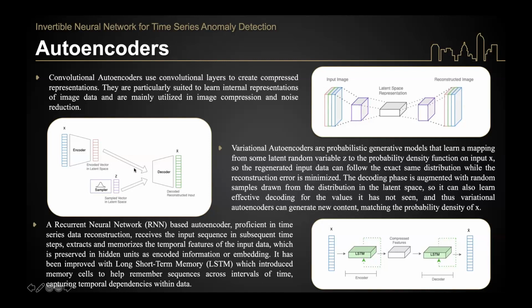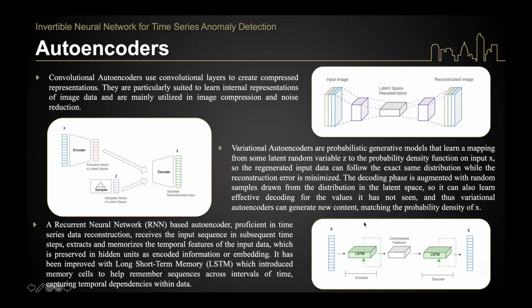The decoder is fed with samples following some distribution like Gaussian in such a way that new content can be generated based on that. That's one of the technologies in all the deep fake type of networks.